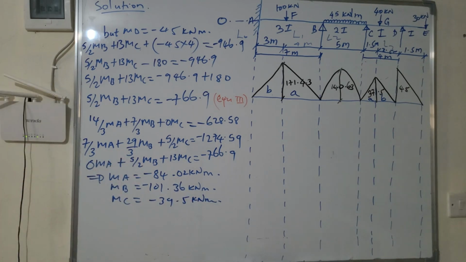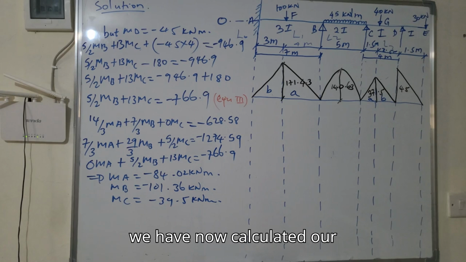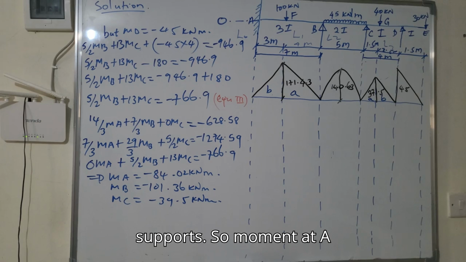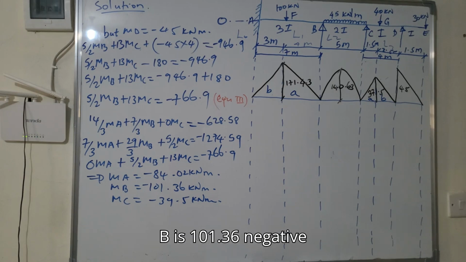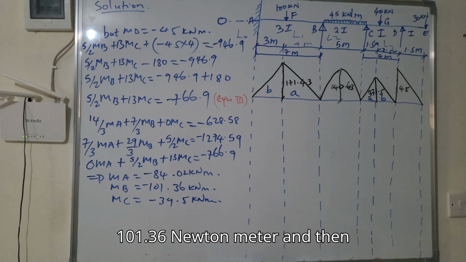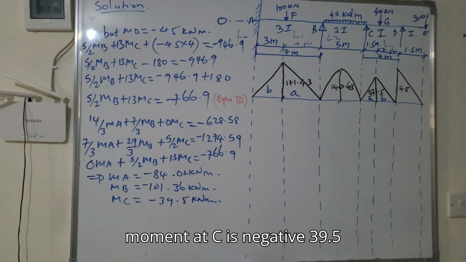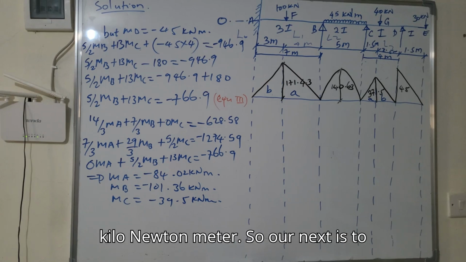So now we have calculated our moments at the respective supports. Moment at A is negative 84.02 kilonewton meter. Moment at B is negative 101.36 kilonewton meter. And then moment at C is negative 39.5 kilonewton meter.